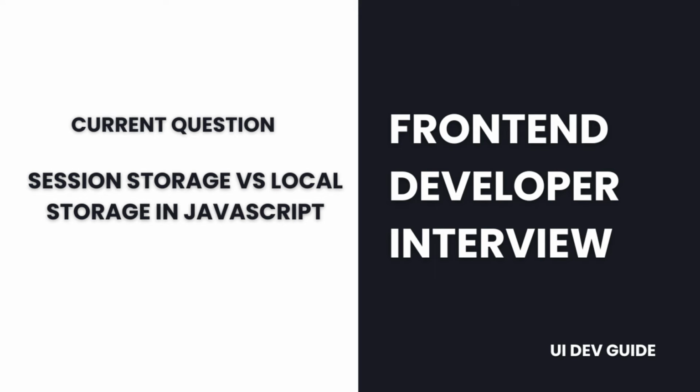Those are the storages in the web API. Session storage means the storage where we can store some key value pairs that get retained until that browser tab is closed.